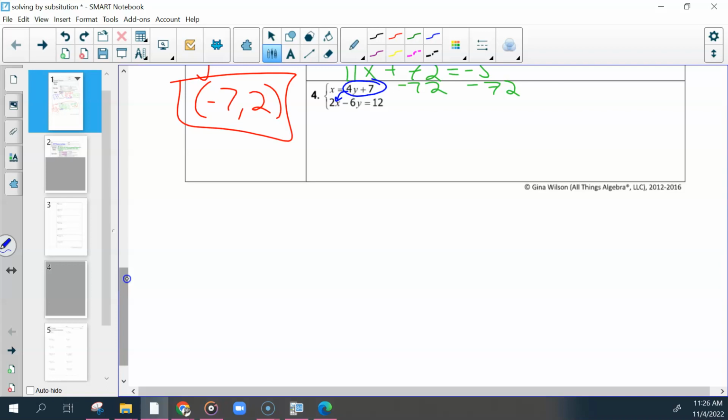And then rewrite that second equation. 2 times 4y plus 7 minus 6y equals 12. And then we can start to solve. Distribute, start combining like terms, get y by itself.